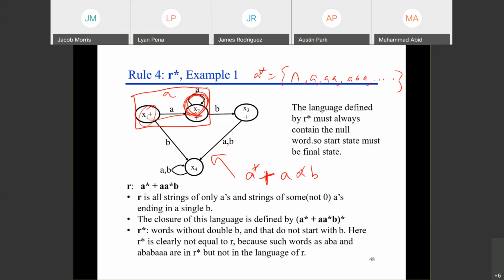Okay, that's great. So now we are saying that this is good. This is what we have. We are happy with this. Now we are interested to find, and this is our regular expression. Yes, this is our regular expression. And now I want to find the Kleene star of this whole thing.